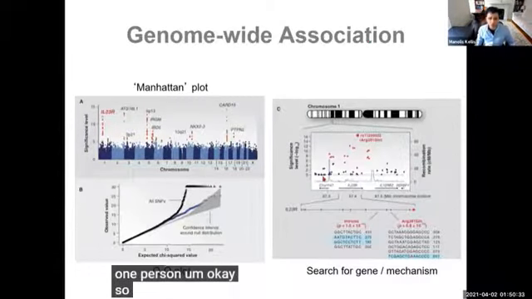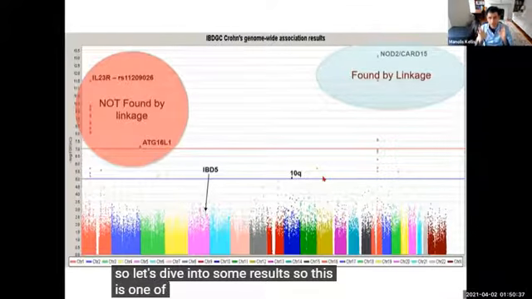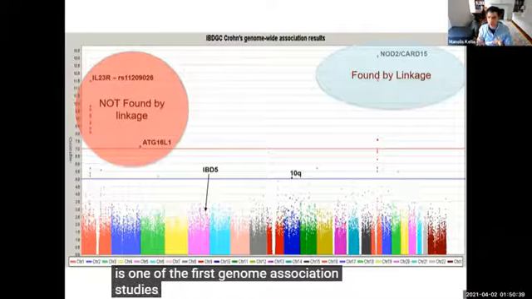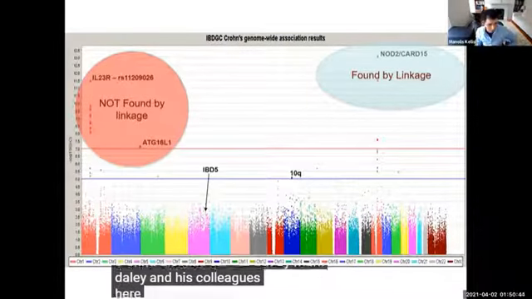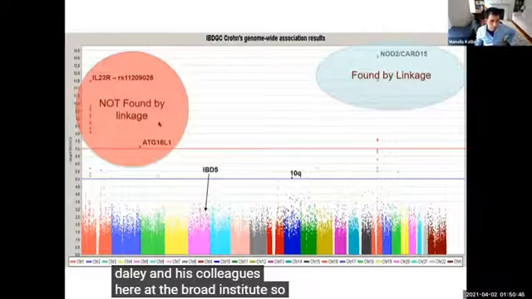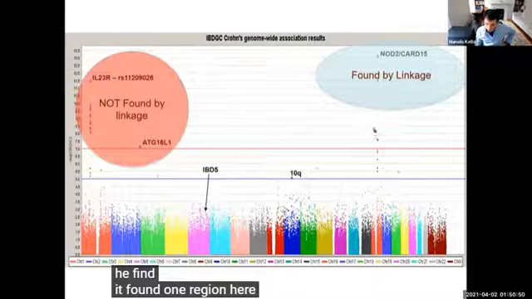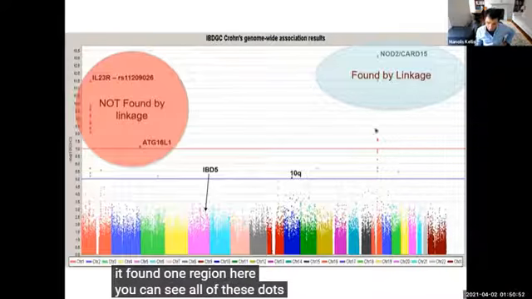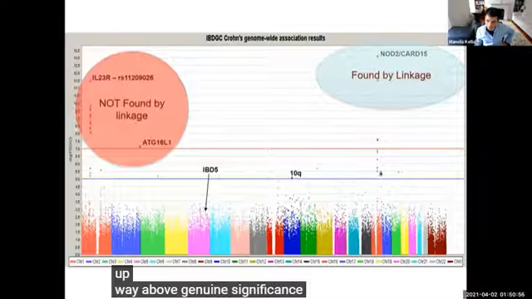Okay, so let's dive into some results. So this is one of the first genome-wide association studies for Crohn's disease, carried out by Mark Daly and his colleagues here at the Broad Institute. So what did it find? It found one region here. You can see all of these dots that rise up way above genome-wide significance.